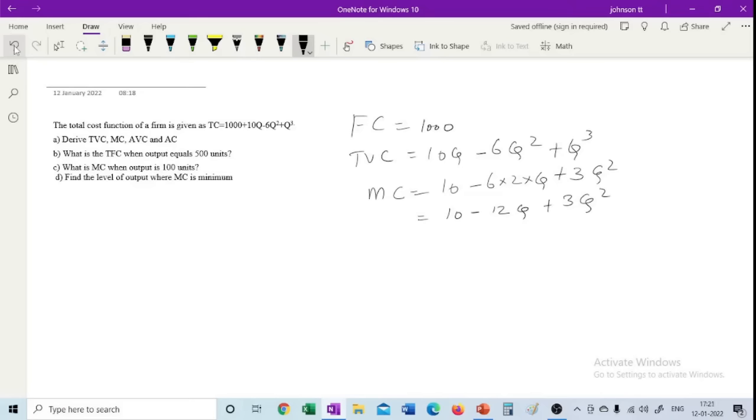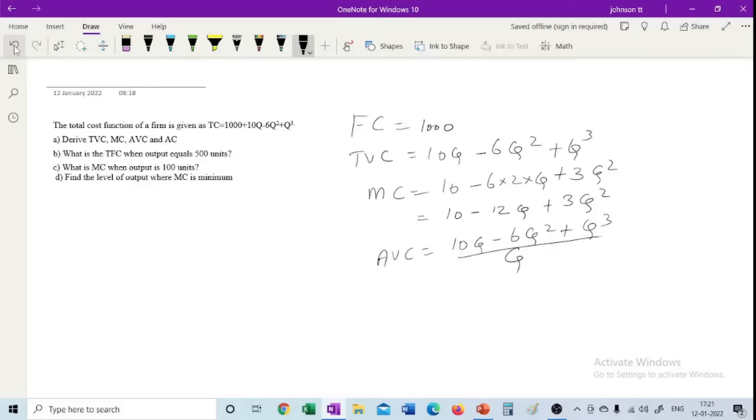Then derive the average variable cost. So AVC is equal to TVC divided by Q. Total variable cost divided by the number of units of output. So that is equal to 10q minus 6q square plus q raised to 3 the whole divided by q.